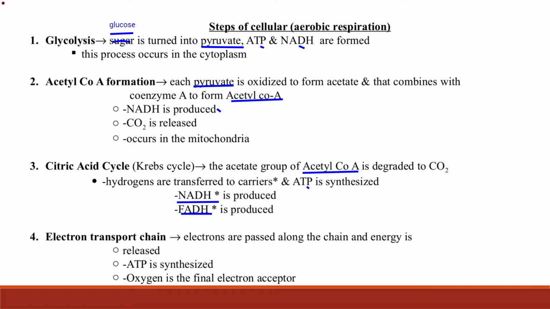The NADH and FADH from every source we made goes into the electron transport chain. So let me just make a note here that this starts with the NADH and FADH, and then we end with lots of ATP here.